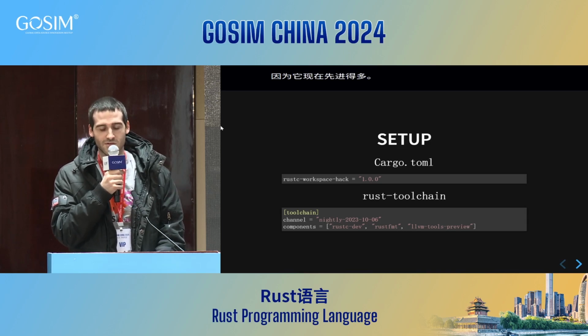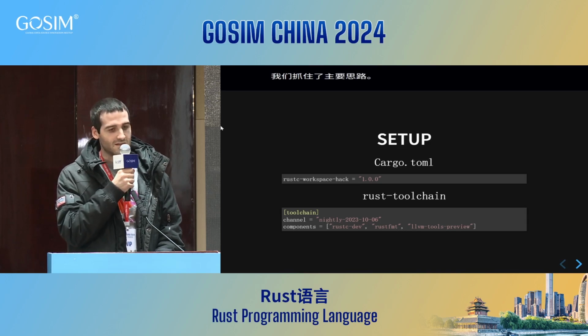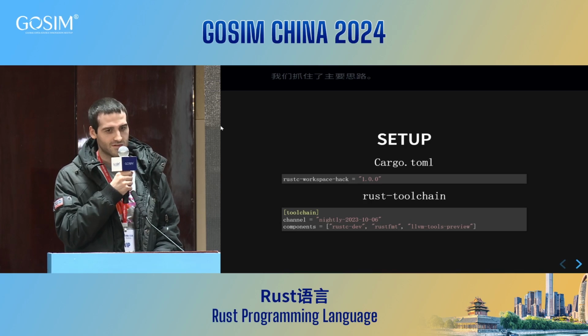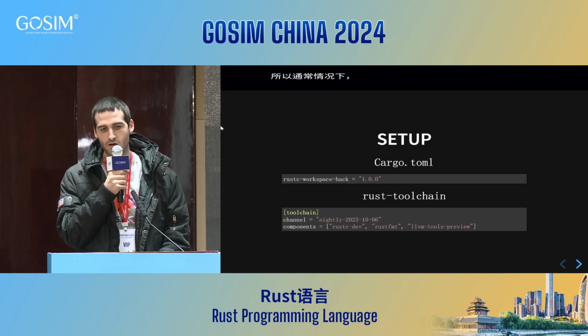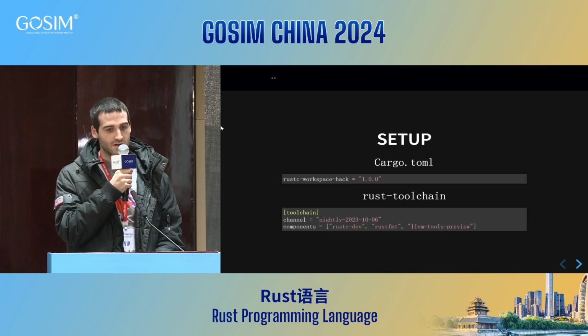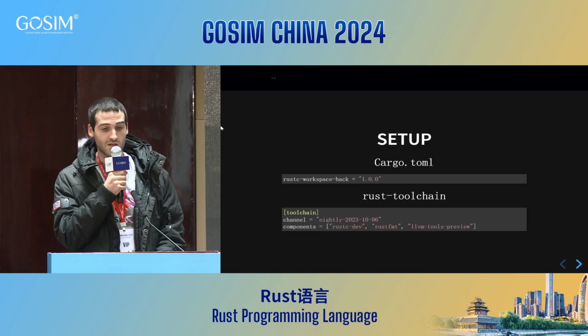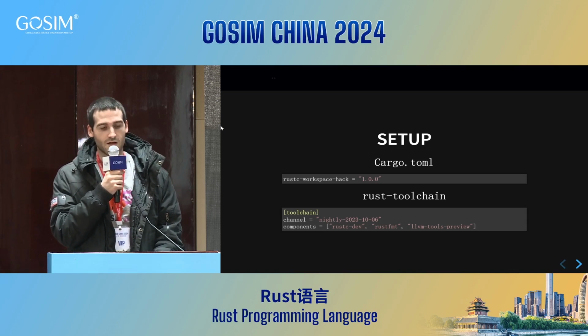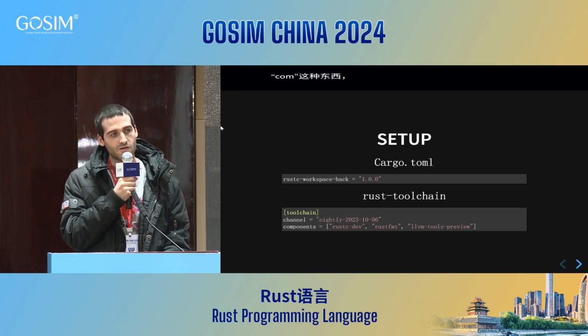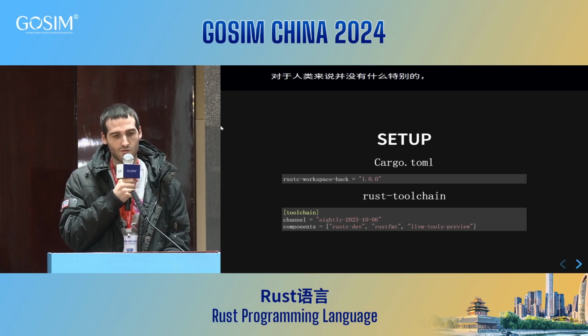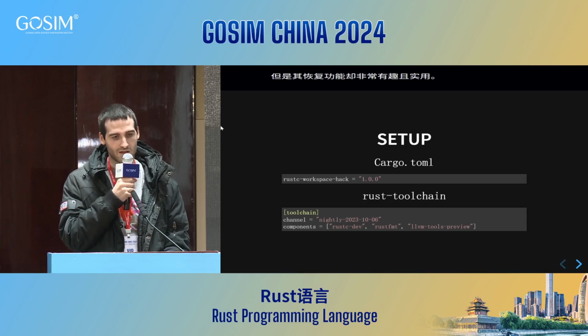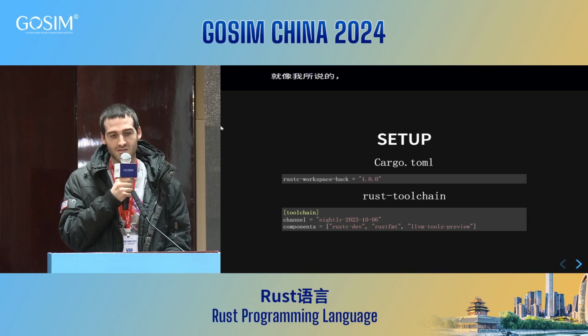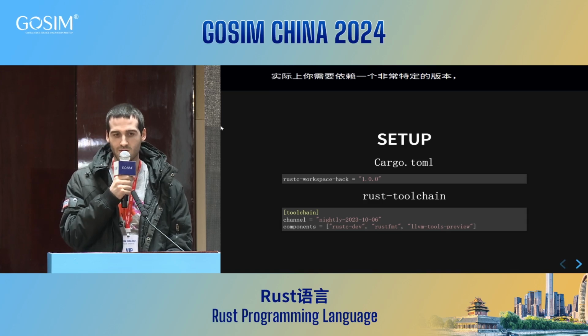So normally the first one in cargo.toml is not needed anymore since a few months now, so you can forget this one. However, the rust-toolchain one is both very interesting and useful. Like I said, to write a linter, you actually need to rely on a very specific rustc version, and that's what you enter in the channel field in your toolchain. In this case, it means that it's the version of the 6th October of 2020.